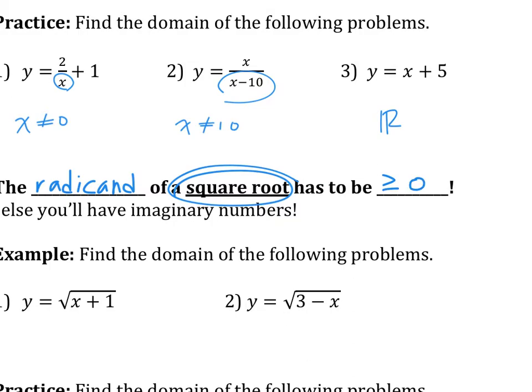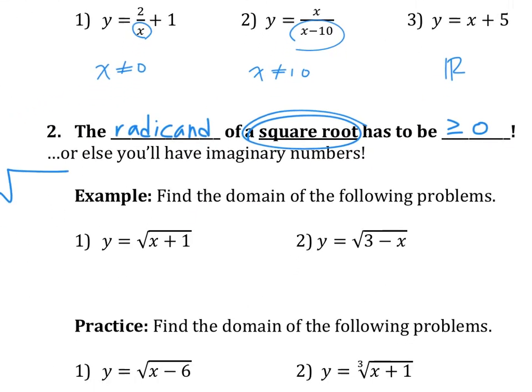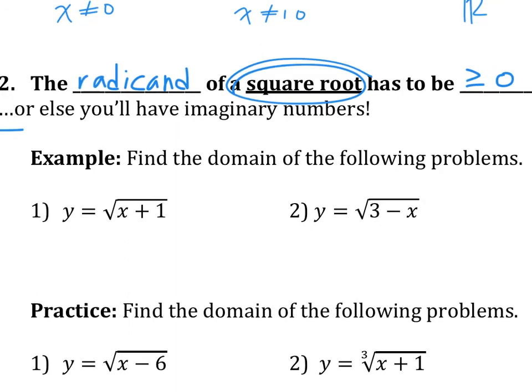Okay, so let's look at the question. Inside the square root has to be greater than or equal to 0. So we just make this part greater than or equal to 0, and then we solve. You subtract 1 on both sides, so x is greater than or equal to -1. And that's it. The domain is greater than or equal to -1.